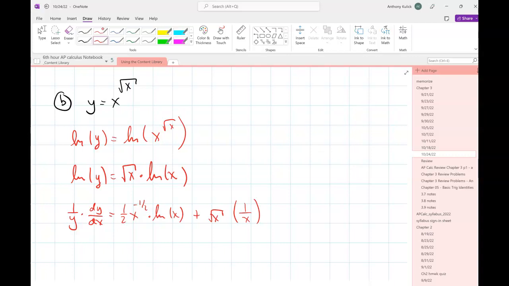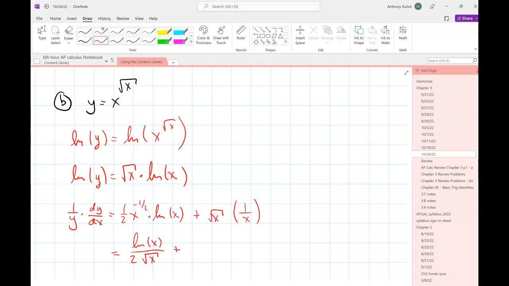Okay, well, let's try to clean this up a little bit before we multiply the 1/y over. So when I do that, I'm going to have natural log of x over 2 square root x. Everybody agree? On cleaning up that first piece.